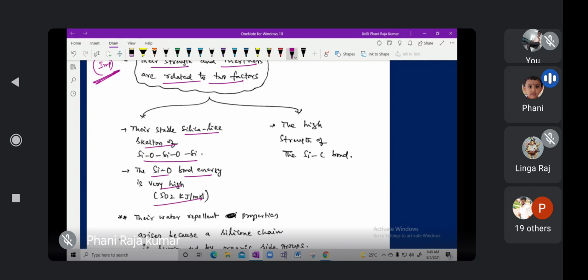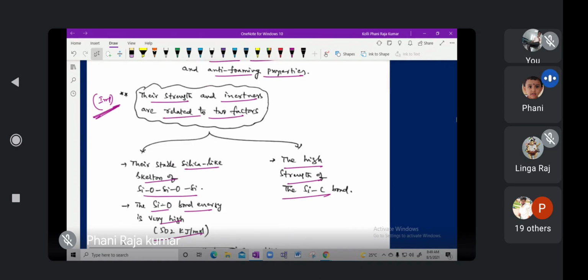In addition to that, the Si-C bond is also strong. Because of this, silicones are highly stable and inert, and their strength is also very high because of the skeleton 3D structure, chain structure, and strong Si-O and Si-C bonds.